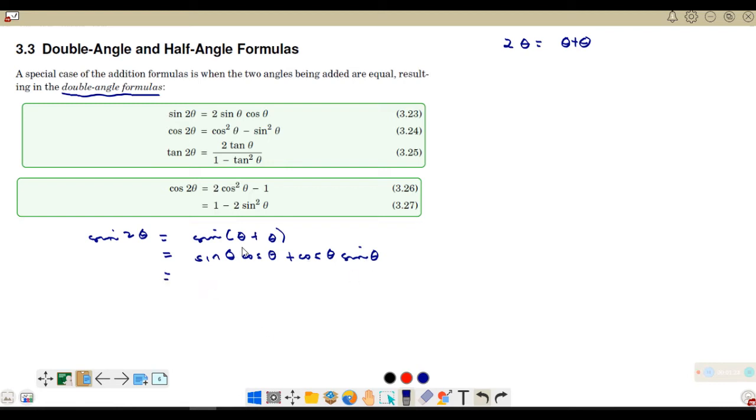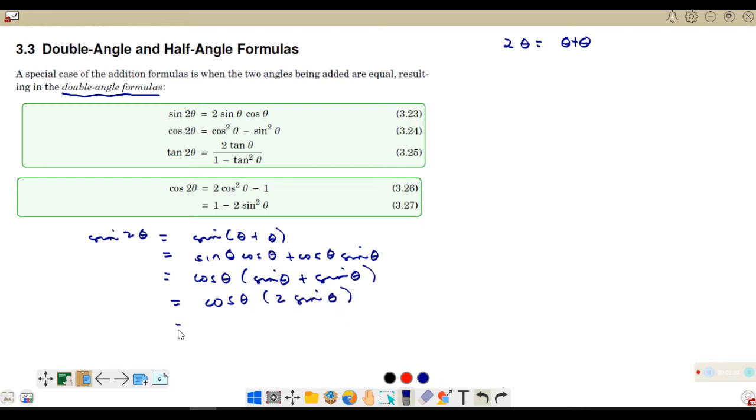Now, let's factor out cosine theta para mabuo na natin tong equation na to. So, ilabas natin si cosine theta. Ang matitira na lang sa loob mo ay, if you factor out cosine theta on this term, you will be left with sine theta. On the second term, if you factor out cosine theta, matitira na lang ulit sa'yo ay sine theta. So, kung meron ka ng dalawang sine theta, that is equal to 2 sine theta.